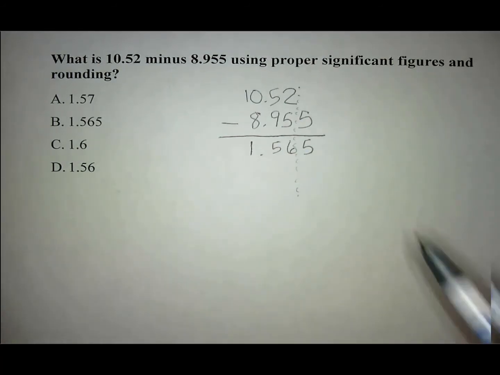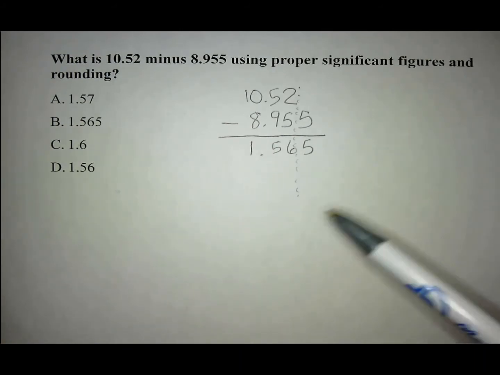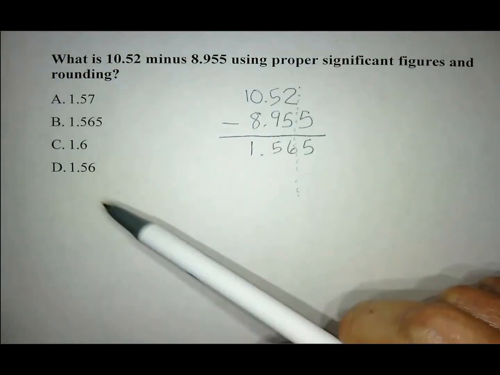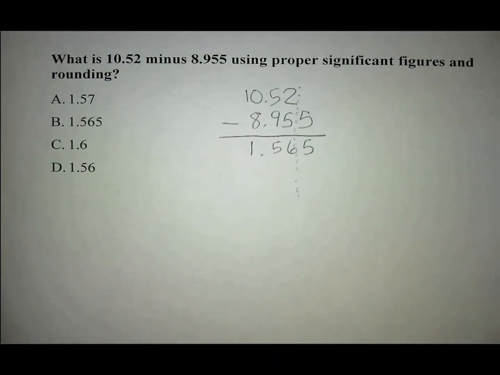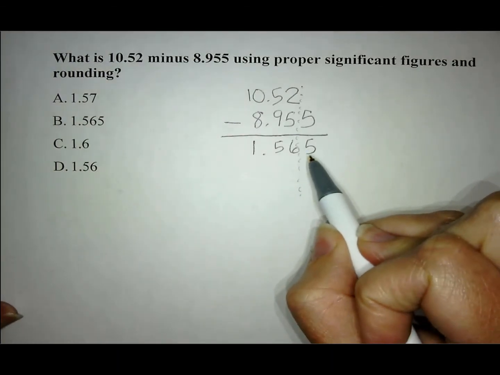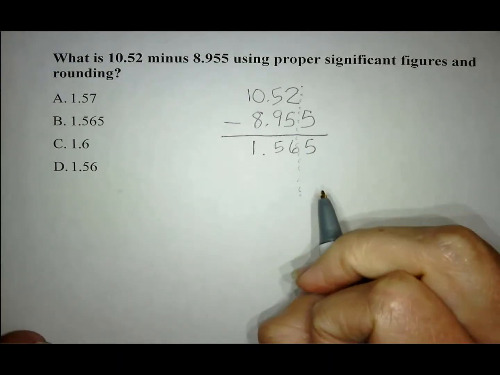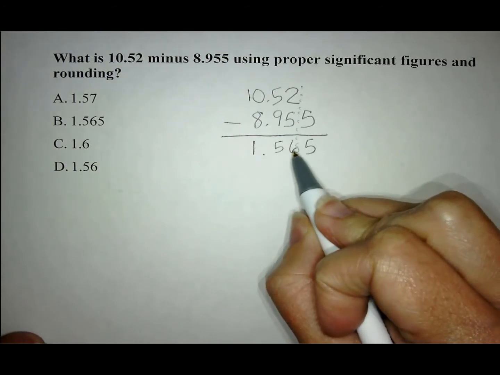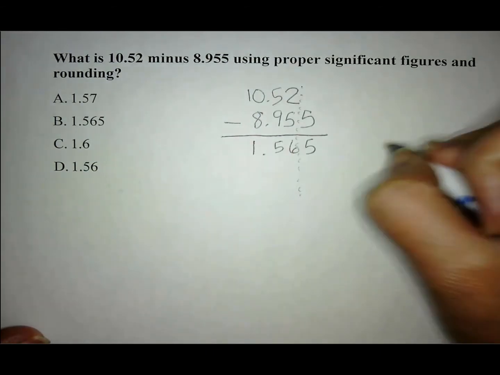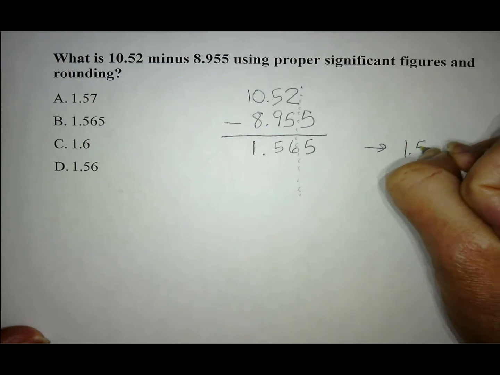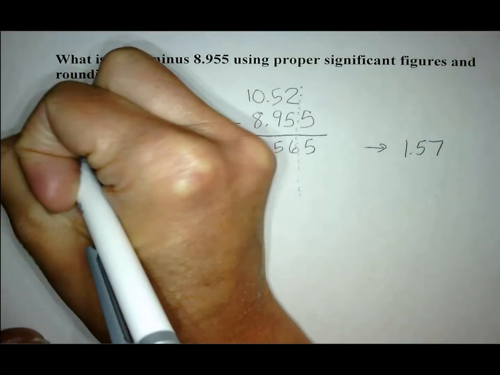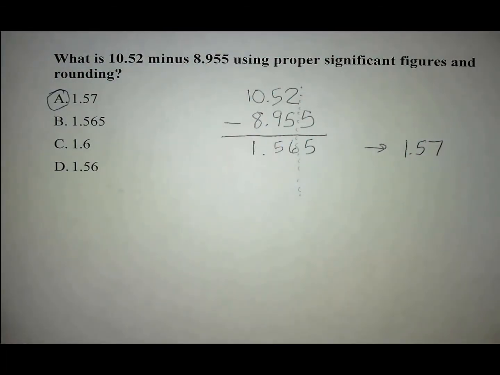But I can't just ignore that 5. That 5 is important. It tells me whether to round up or down. Notice I have 1.57 or 1.56 as an answer choice. So we're going to look at that 5, and because it's 5 or greater, we round up, which means we change the 6 to a 7, and the answer is 1.57, which is A.